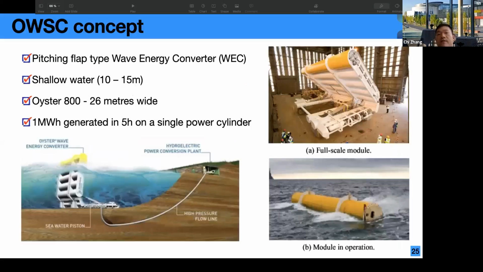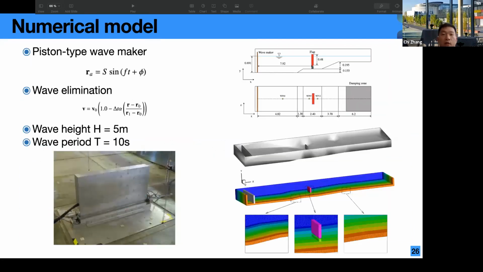So another important application of SPHinXsys is the simulation of wave interaction with structures. Here we simulated the wave interaction with a wave energy converter, an oscillating wave surge converter. This is a basic type of wave energy converter. By using our pre-processing tool, we can directly read the CAD file for the wave tank and also for the flap.